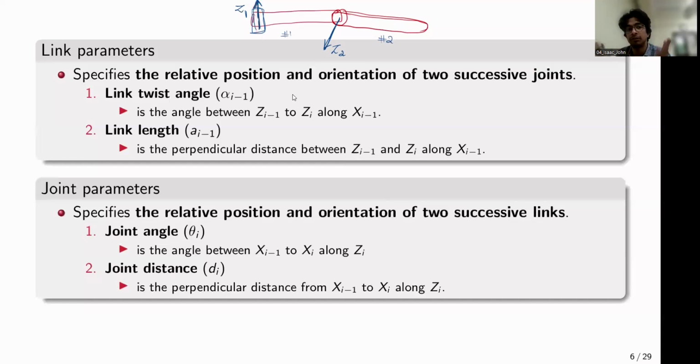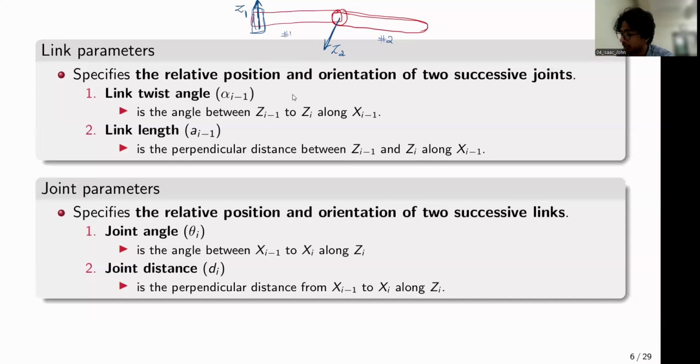If you have a manipulator, the first thing that you should be doing is that the z-axis corresponding to each and every joint should be along the joint axis, right? So if you have a rotary joint with an axis that is pointing upward or in the vertical direction, the z-axis corresponding to that joint should be vertically up. And if you have a rotary joint that is coming out of plane, the direction of the z-axis should be along that axis of rotation.